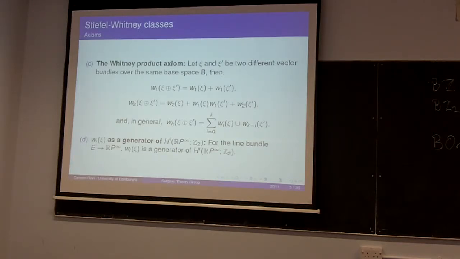So the first Whitney class of our sum of vector bundles equals the first Whitney class of a vector bundle plus the first Whitney class of the other vector bundle. And in general, you have this nice formula here, which relates the direct sum of these vector bundles to the Stiefel-Whitney classes of the vector bundles taken independently.